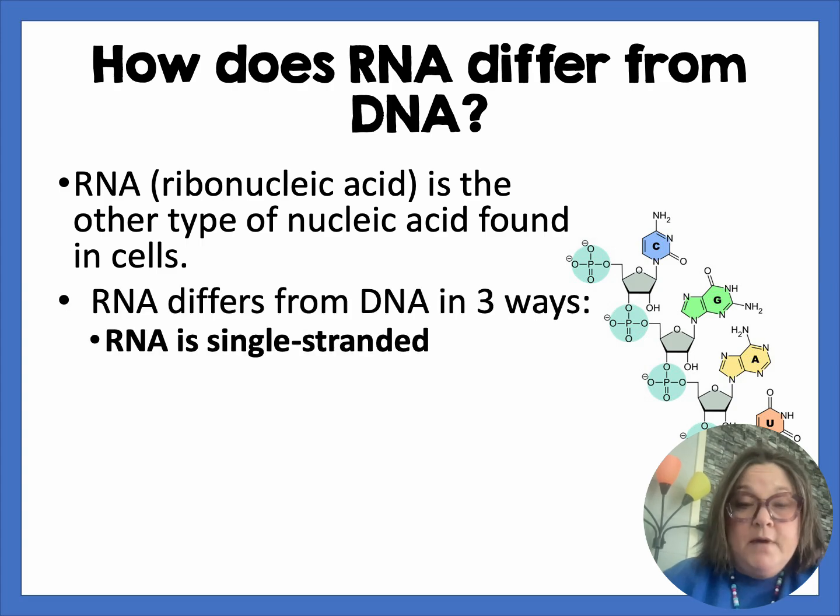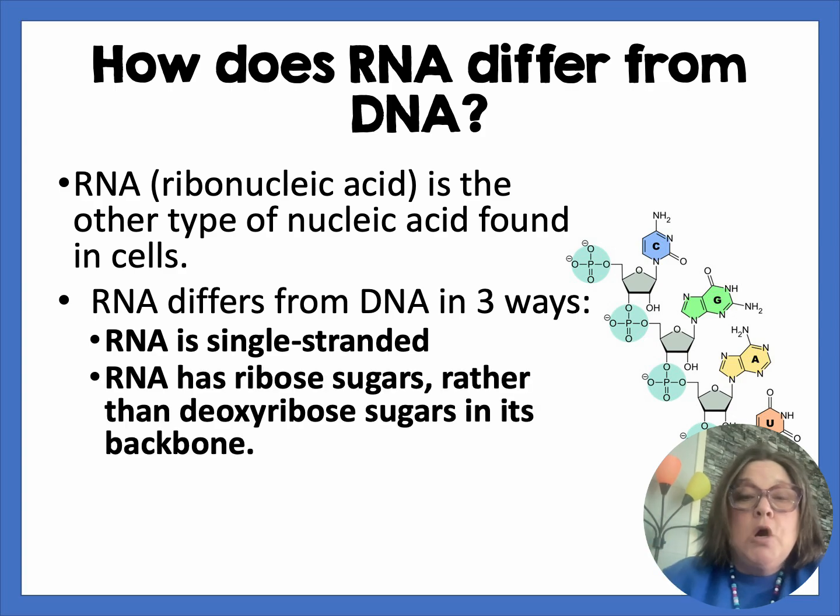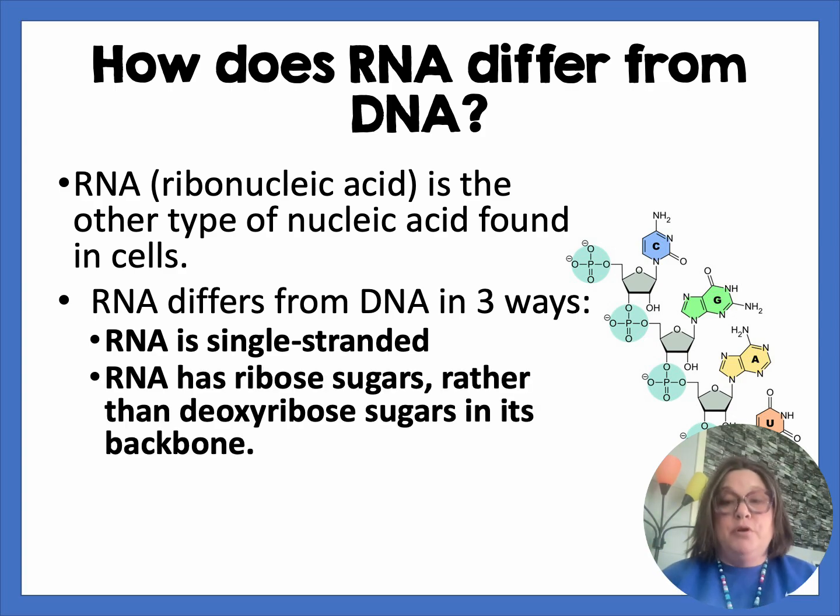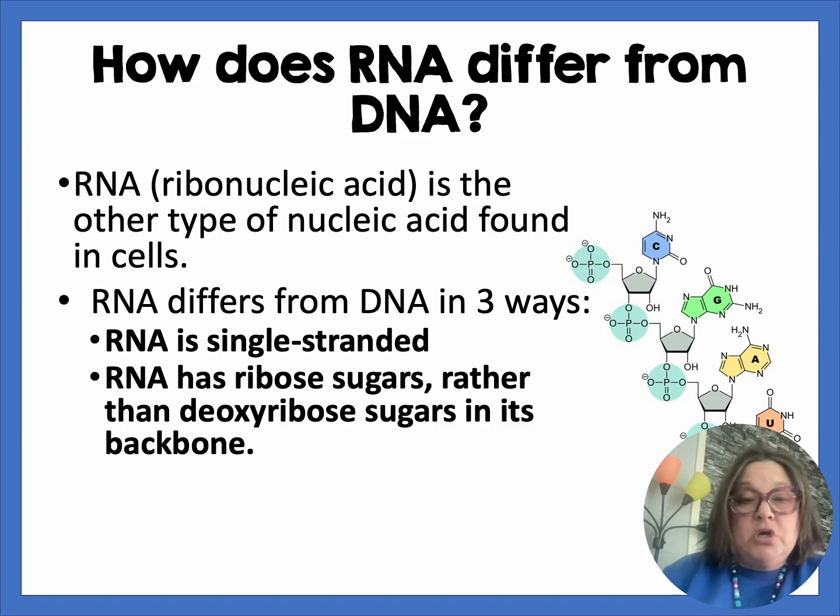So there's 3 ways how they are different. First, DNA is double-stranded, RNA is single-stranded. RNA has ribose sugars. If you remember us talking about DNA, DNA has deoxyribose sugars in its backbone, in the brace of the ladder.